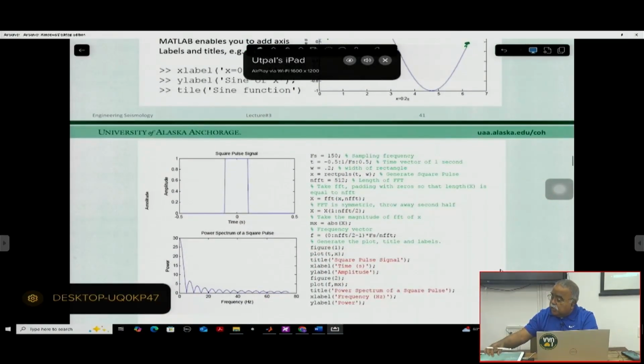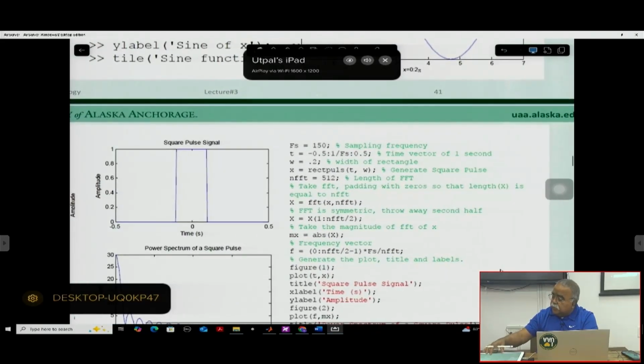Now let us see, suppose your sample frequency is 150. Then your t will be equal to, say, minus 0.5 to plus 0.5 with a sampling interval of 1 by fs. Say suppose this is your box. This box, I would like to calculate the Fourier transform of.